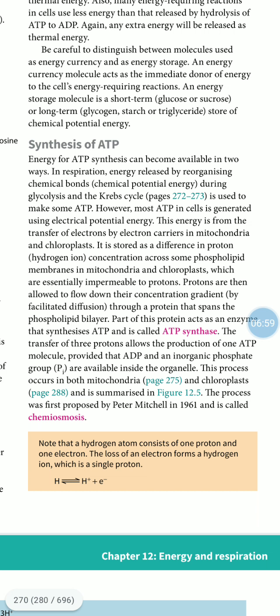This change in proton concentrations allows the transfer of protons along a protein that passes through the phospholipid bilayer, and at least some part of this protein has the ability of acting as an enzyme. This enzyme is referred to as ATP synthase.